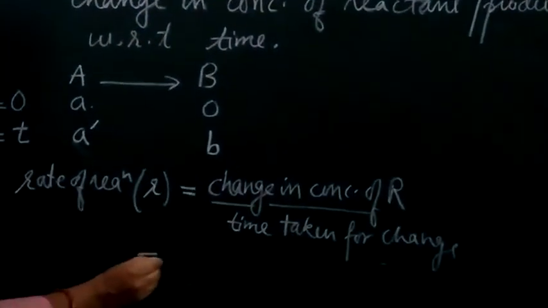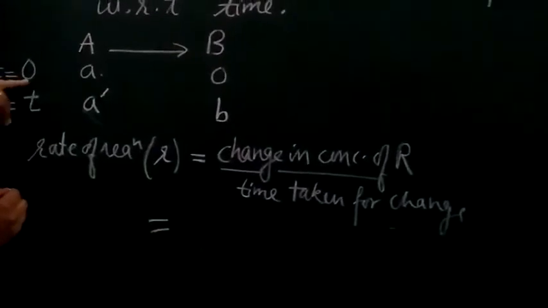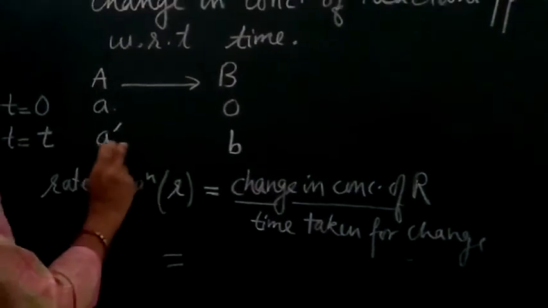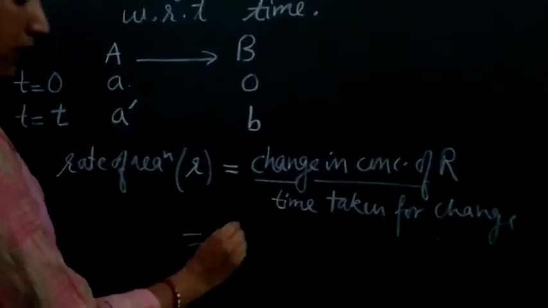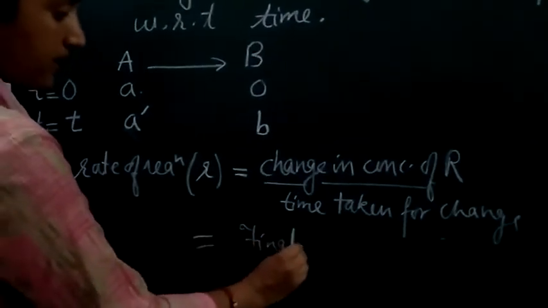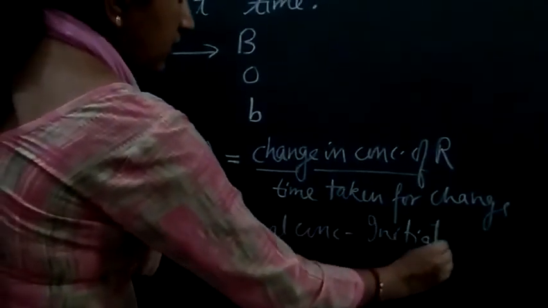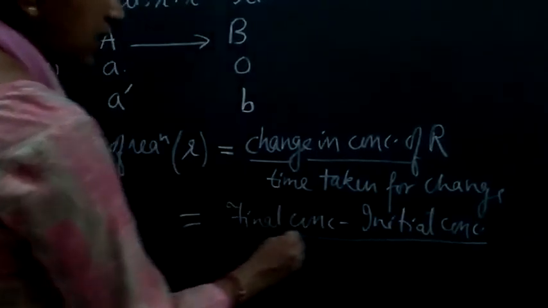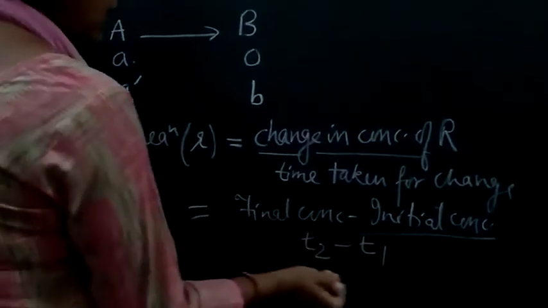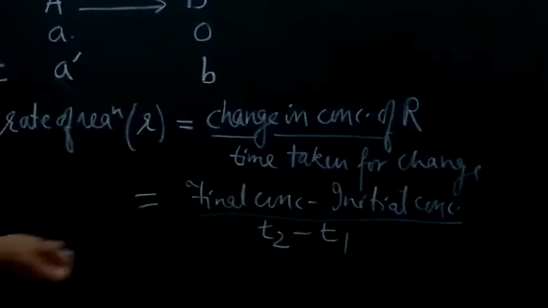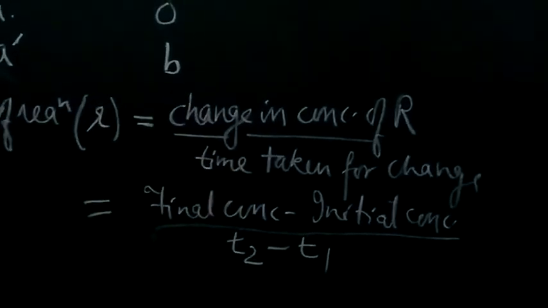Right, so we are here considering the two time limits, when initially it is time 0, and this is time t seconds. So the change in concentration of the reactant will be final concentration minus initial concentration, upon time taken for the change, that is T2 minus T1, final time minus initial time.